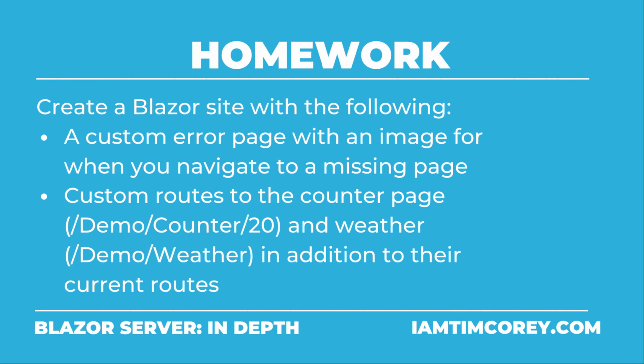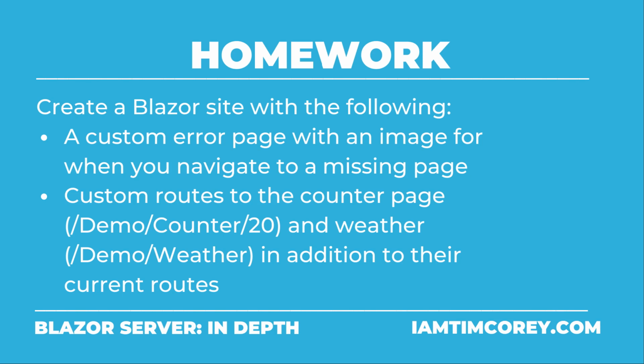Next, I want you to create 2 custom routes. Okay, we already will have pages in our application. So you get 2 pages, actually 3, but the 2 pages we're going to work with are the counter page and the page that is right now called fetch data, but it's really weather information. And so on the counter page, I want you to add a route.